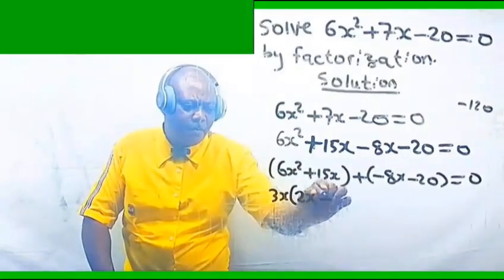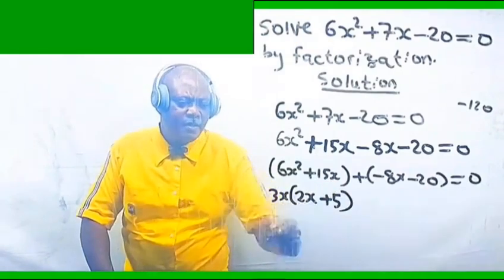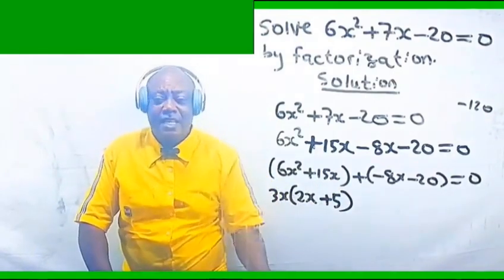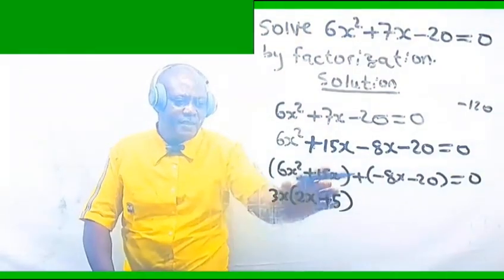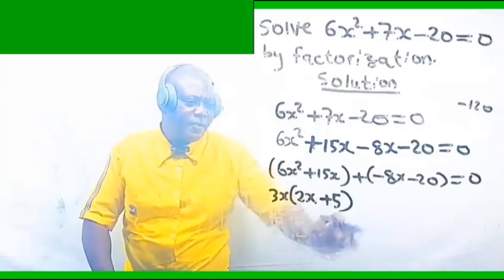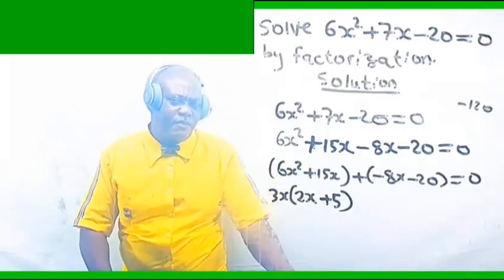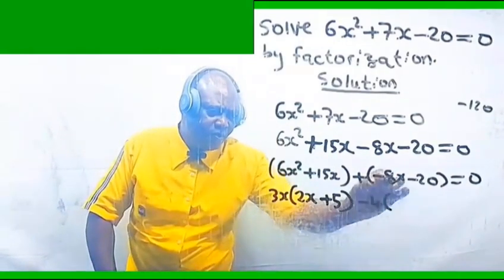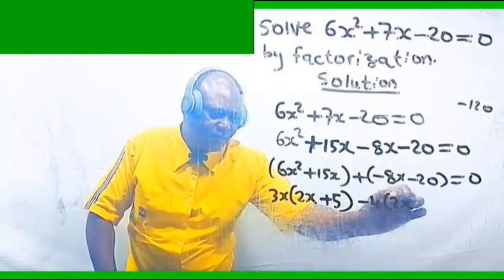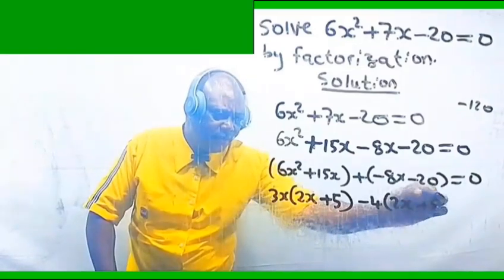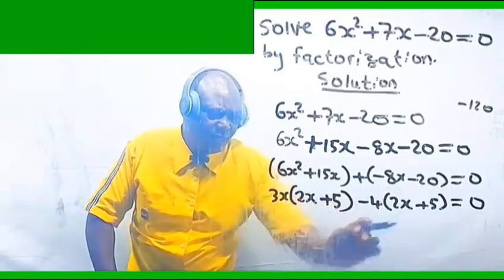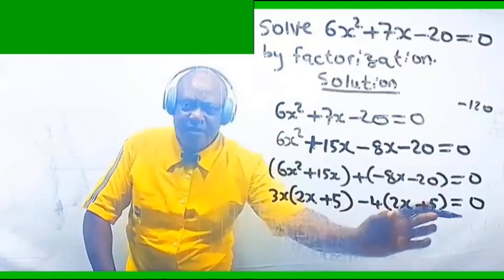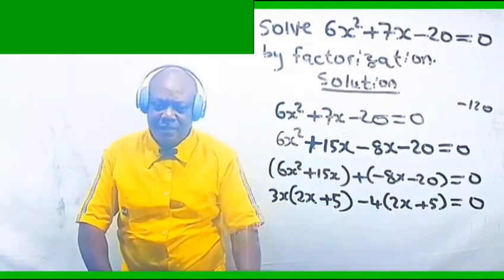Then plus 5, because 3x times 5 is 15x. We are done with this one. Then you come here. Of course, minus 4 is common there, so you factor out minus 4. What you have here will be 2x plus 5. Can you see it here? All equals 0. So you have this bracket identical, which means your answer is correct.